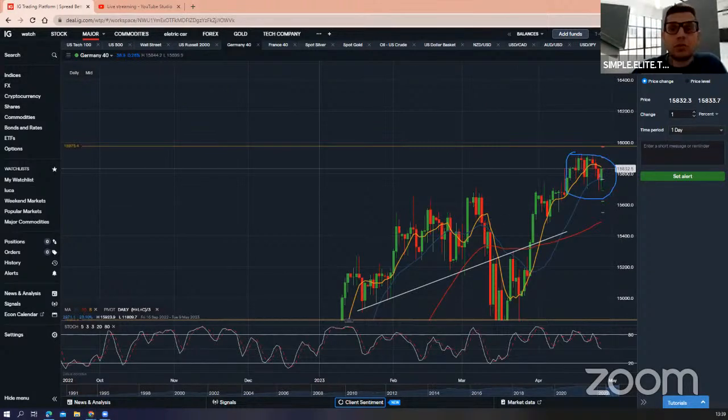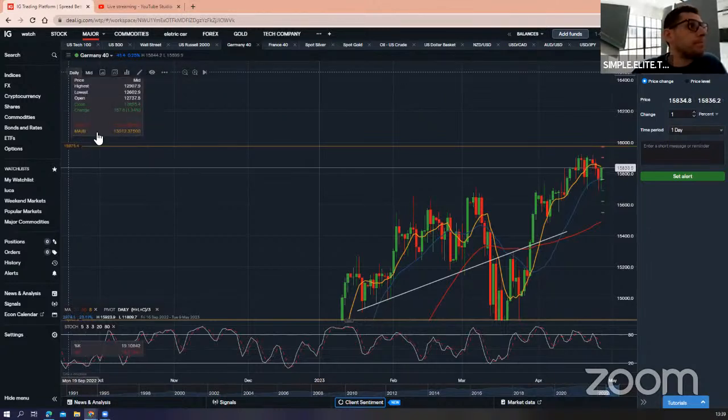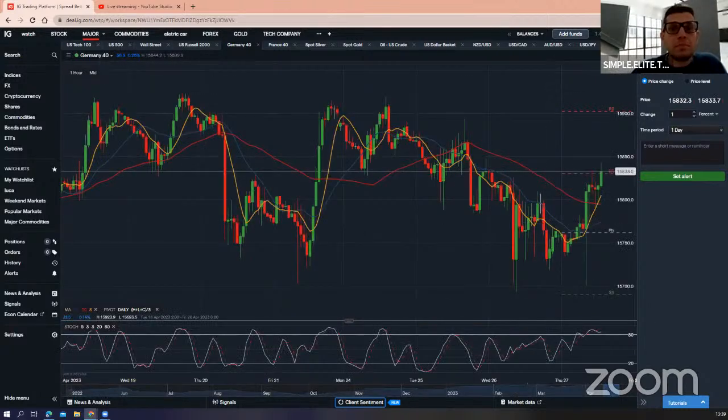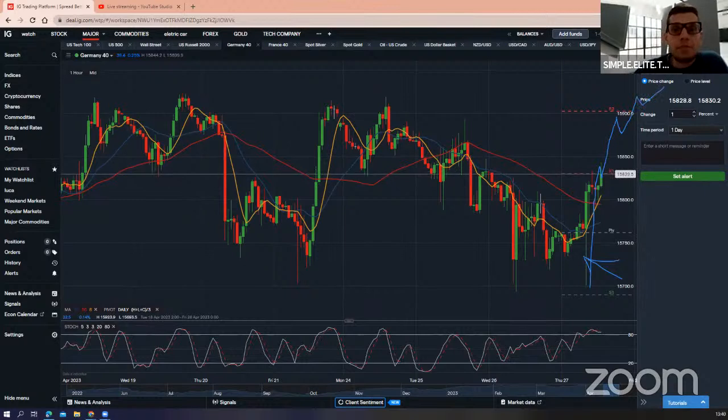Today, if we drop down to the 1 hour time frame, we had a big bullish bar at the opening time. So let's see if price tries to develop an uptrend again, but it's not of interest for me to trade it because there is very little room to this 1,600. So on the indices, this is the view at the moment.